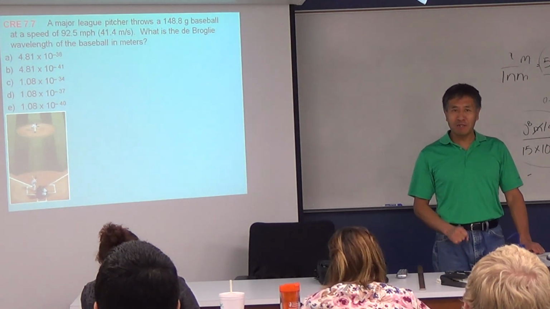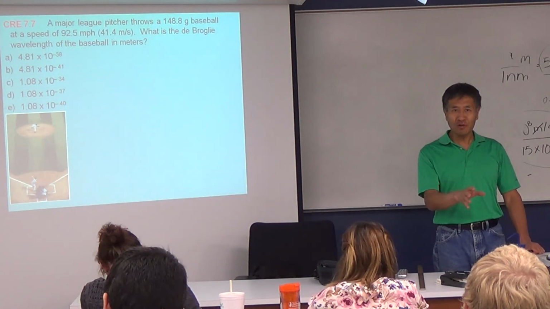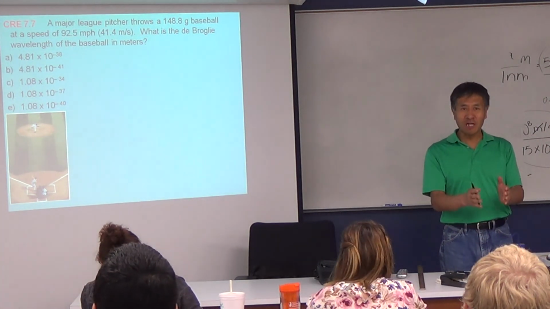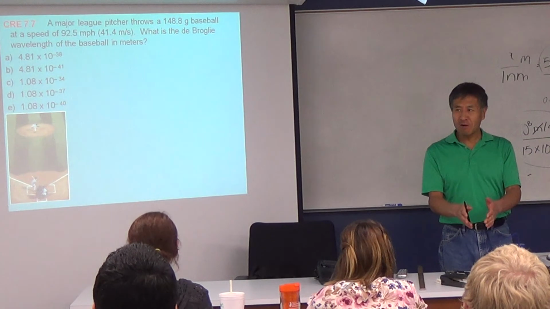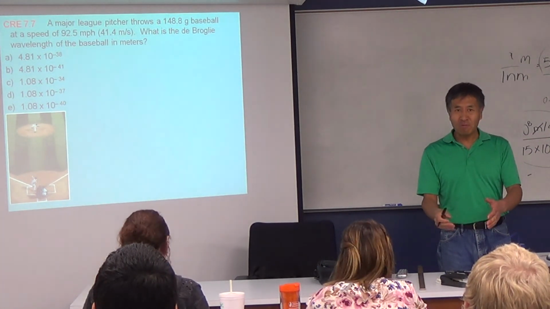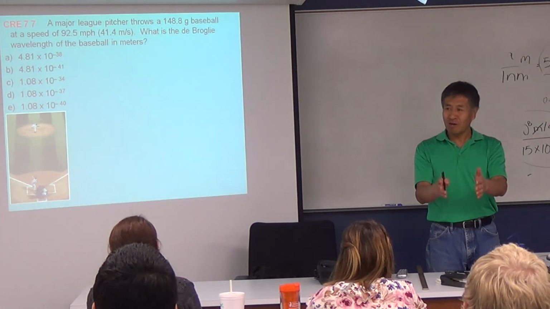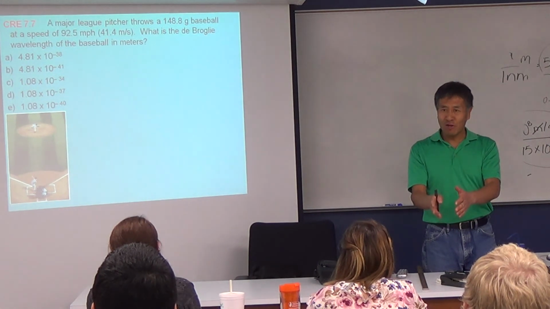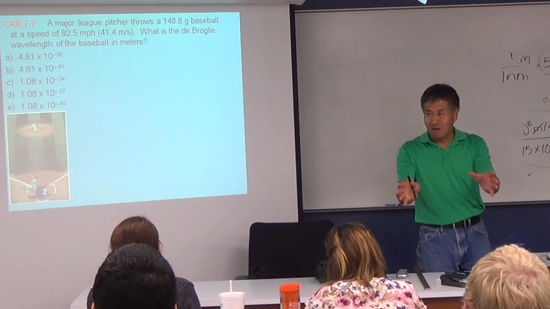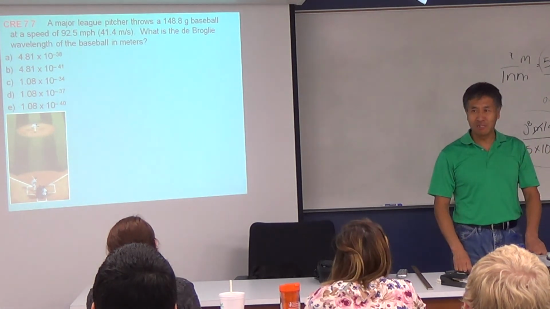It will not produce interference patterns because it's difficult to build instruments with a small gap that's comparable. Because in order to get interference, the distance between your two narrow openings should be very similar to the wavelength. If your baseball is much bigger than that, you cannot see interference.